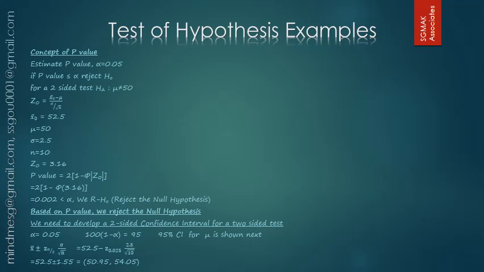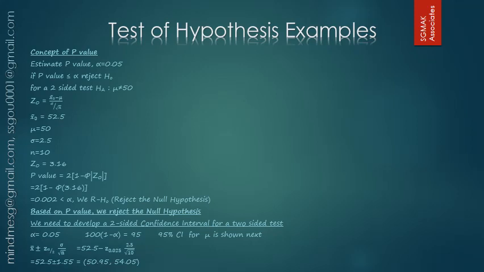So z observed is x0 minus mu divided by sigma over square root of n. That number comes out to be 3.16. For a two-sided test, the p-value is given by 2 times 1 minus phi of 3.16. We take the absolute value of z observed, and that number comes out to be a low value, 0.002.